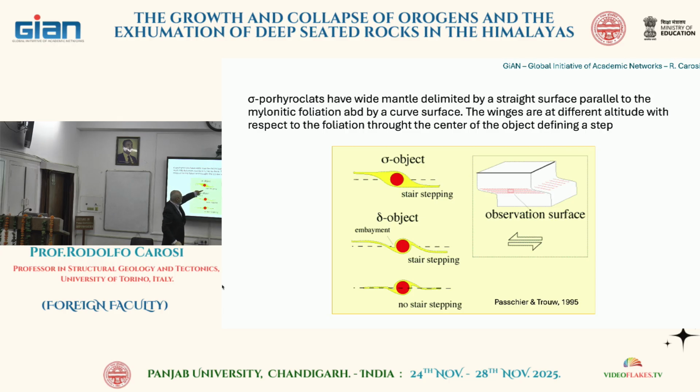In this case, they are stair-stepping. There is a difference in altitude with respect to the mylonitic foliation, and this is a delta object with non stair-stepping. So the tails start along the foliation and finish along the foliation, but the rotation is the same.